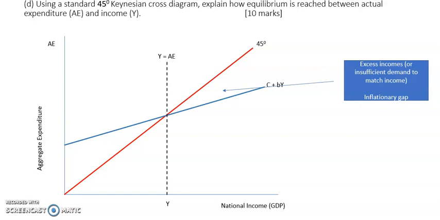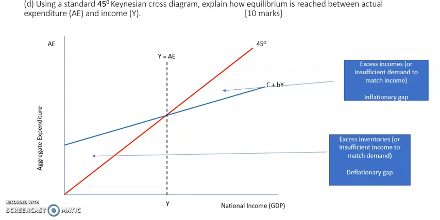The other side of it is where you have excess inventories, or basically the people are demanding more than the incomes that they have. All right. So what happens is that you have insufficient income to meet the demand to allow you to get the things that you want.